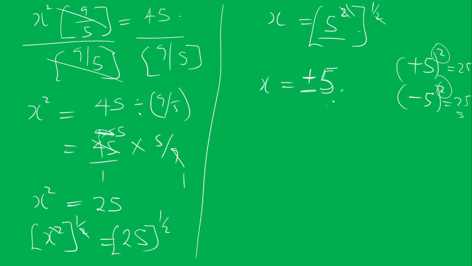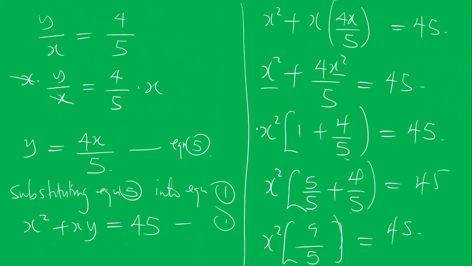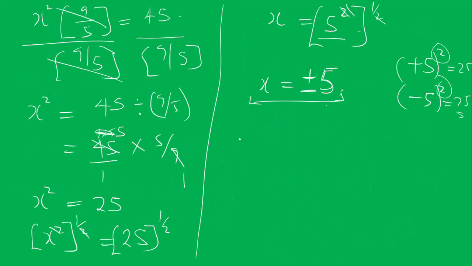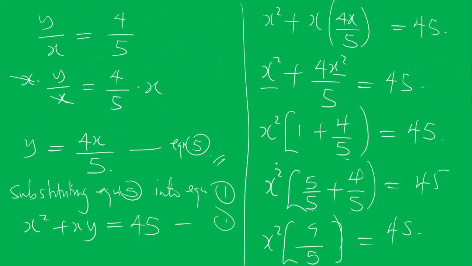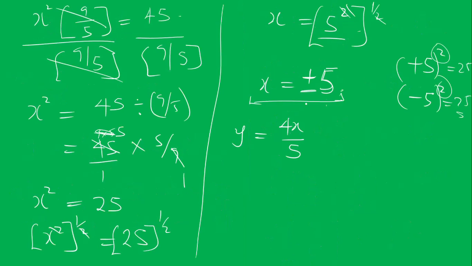Now, having gotten this, we can substitute this value into equation 5. So equation 5, y is equal to 4x all over 5.